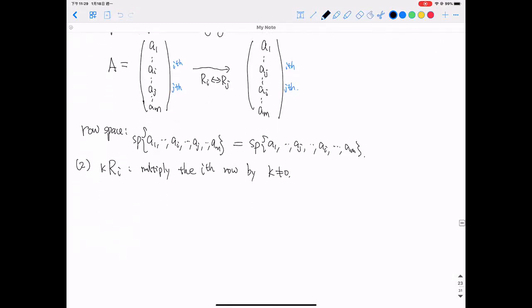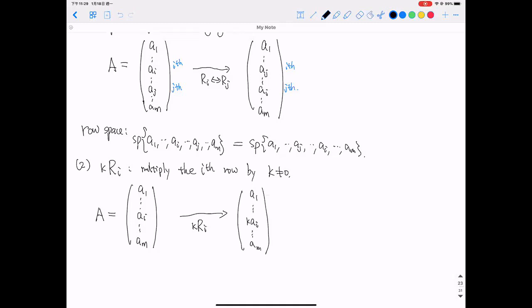Now, again, begin with A, written in row form. If you perform this operation of multiplying the i's row by k, you get the following matrix.